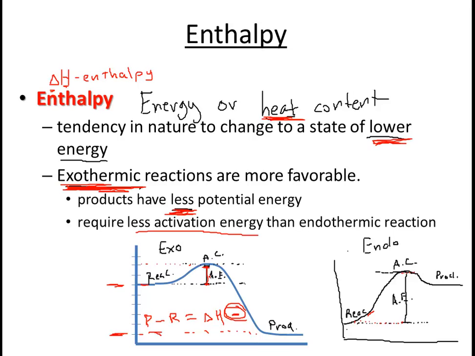So as you can see, this activation energy, AE, remember our activation energy is the energy from our reactants to the energy of our activated complex. Now, this is a lot smaller than the activation energy that we'd have from an endothermic reaction, in which there's a bigger increase from the potential energy of our reactants all the way to the potential energy of our activated complex.